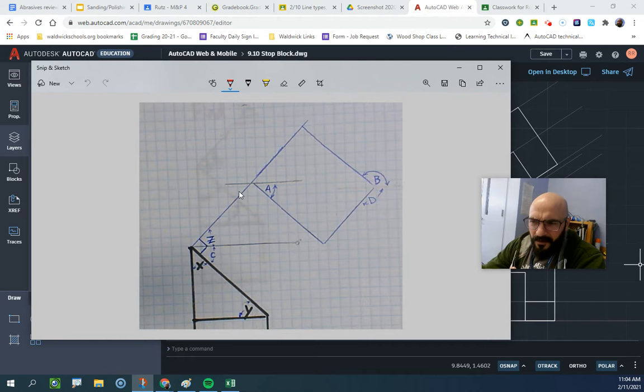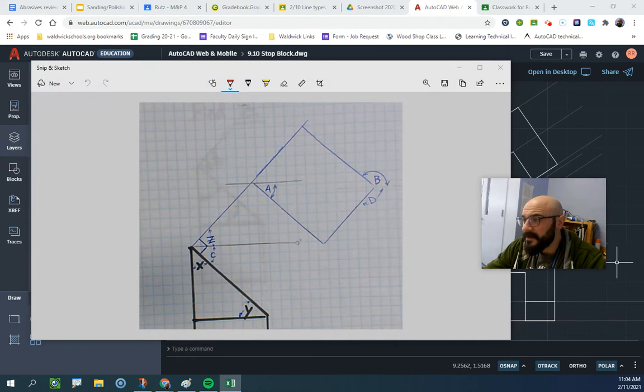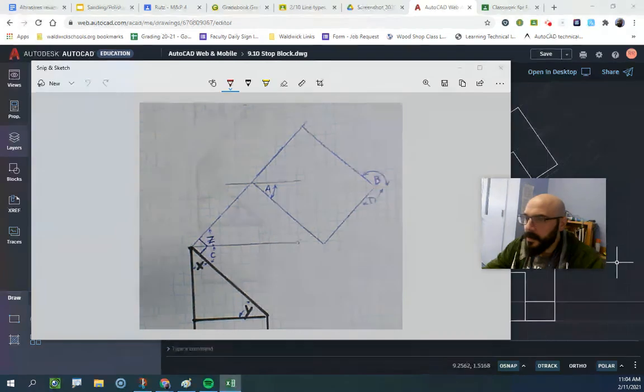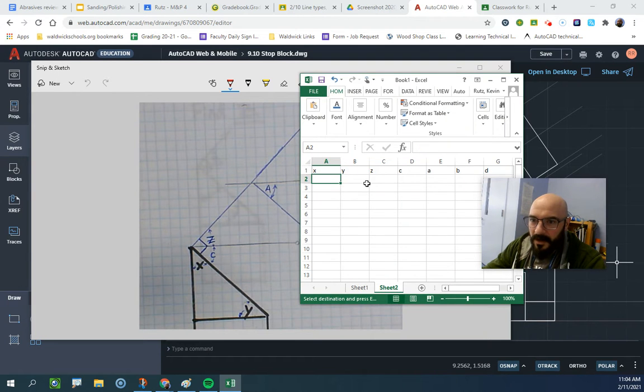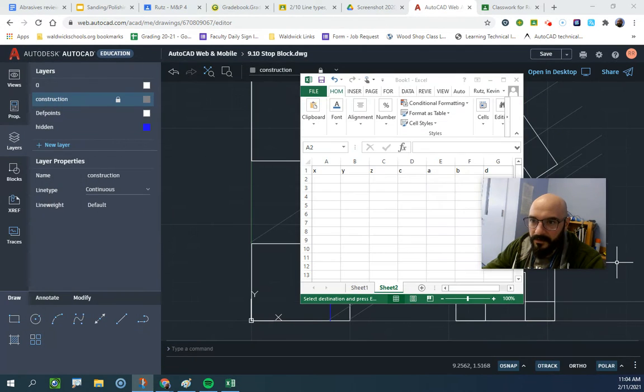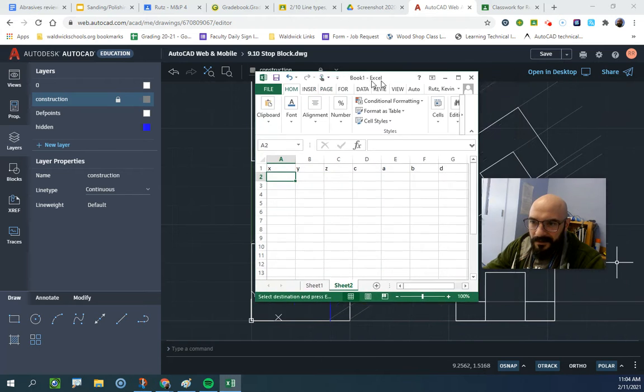So here's what we're going to do. We're going to go through this auxiliary view that we finished to just identify these values. Here I'm going to get my Excel sheet up and ready for you. So X and Y are easy because they're given in our drawing. I'm just going to write it down.